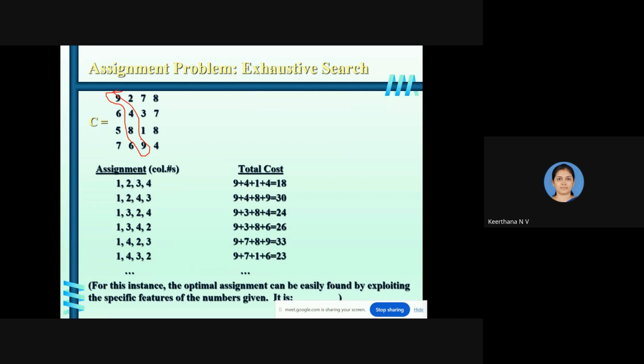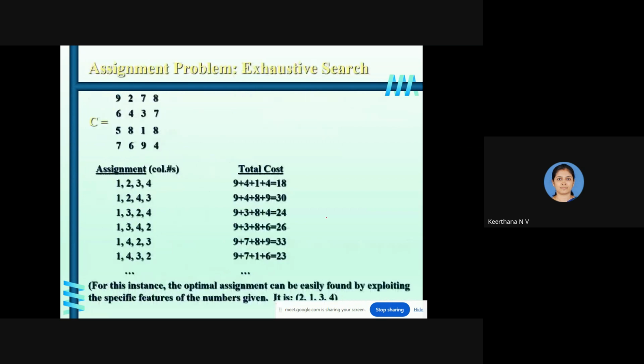For each and every combination of a person, I have to find the minimum cost of each job I have to perform. So I will check all the possible combinations and go on finding out which will be the minimum cost. So this is the assignment problem.